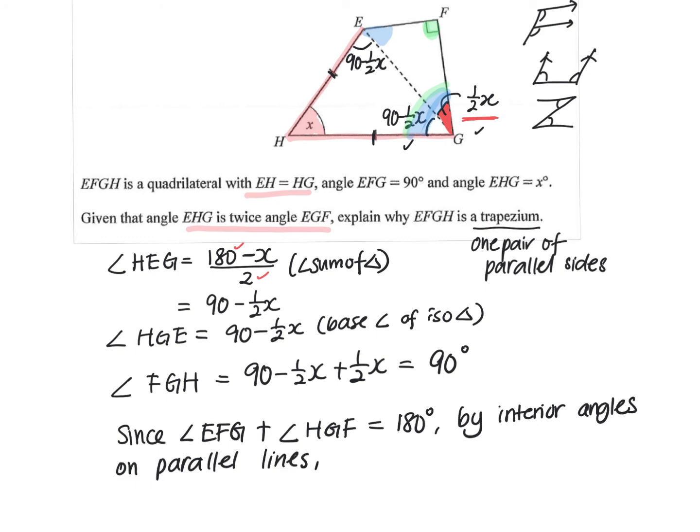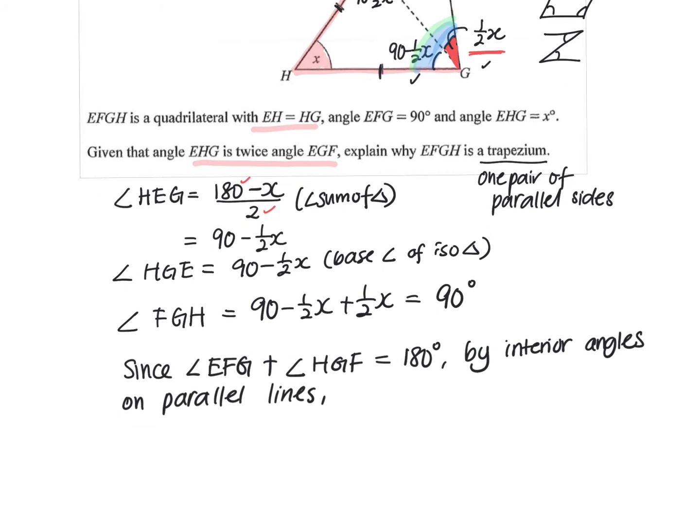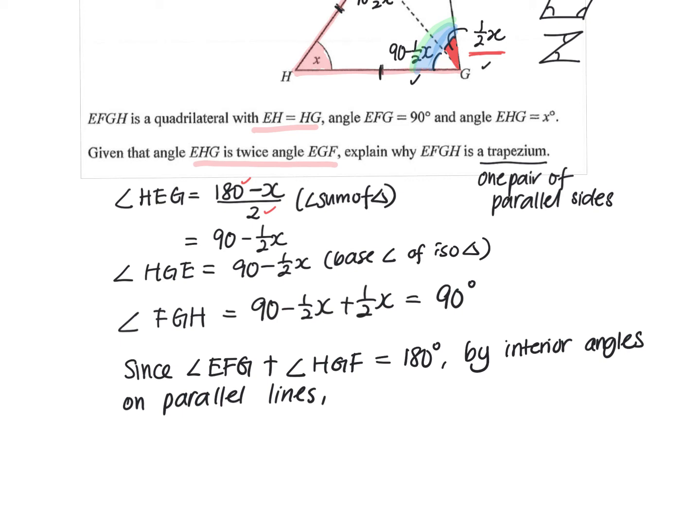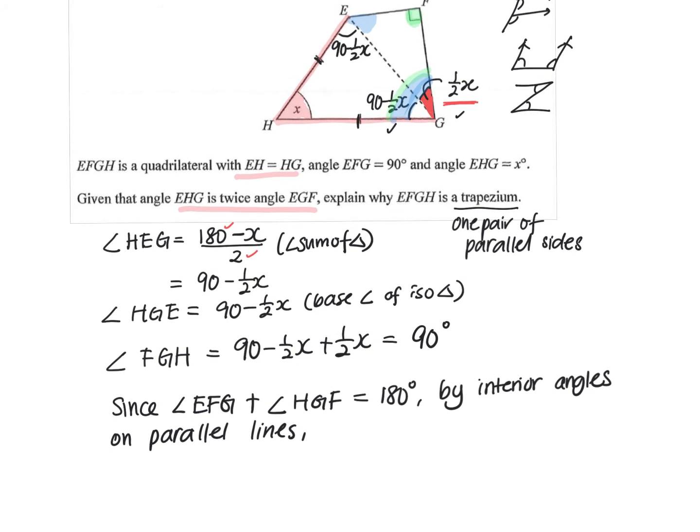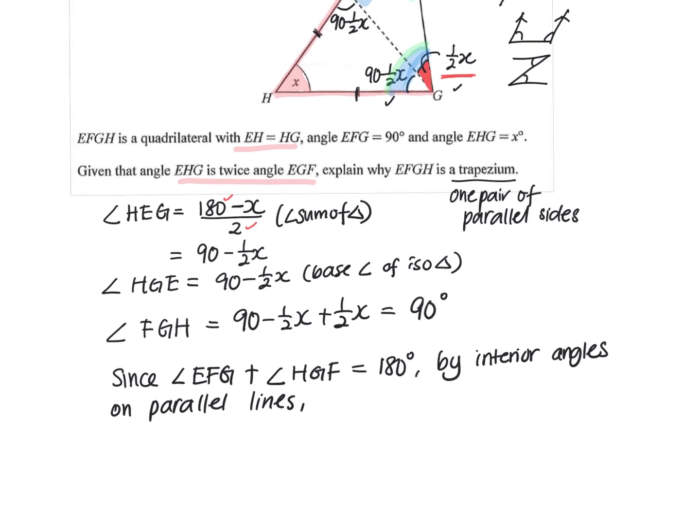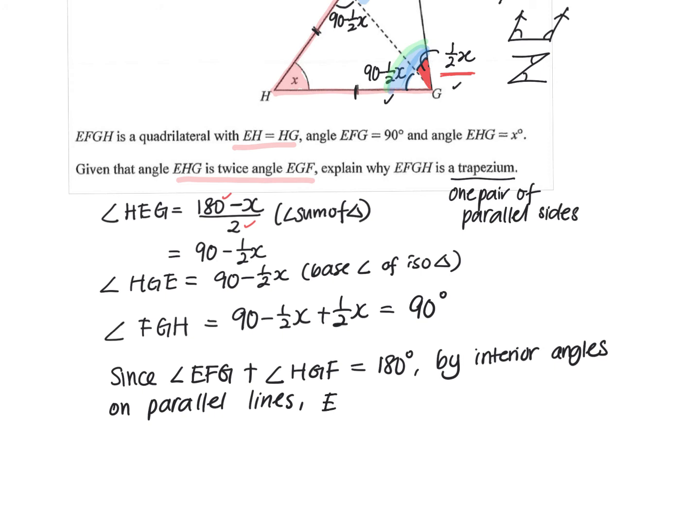What can we conclude? Can we say that it's a trapezium directly? No, we are going to conclude about the lines first. EF is parallel to HG. Since there's one pair of parallel sides, therefore EFGH is a trapezium.